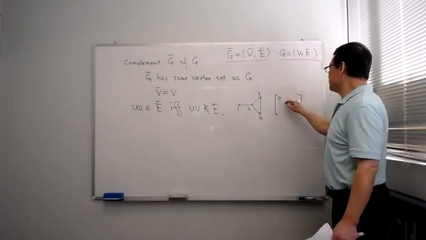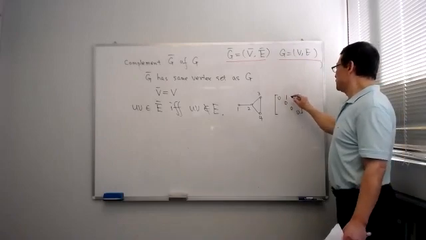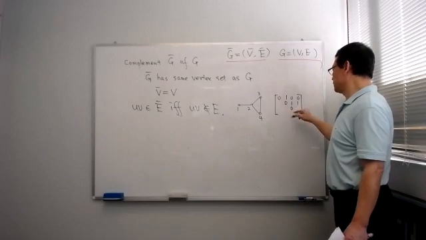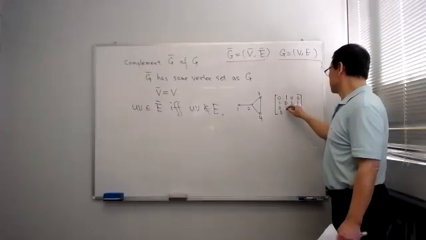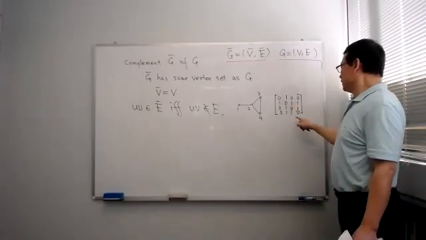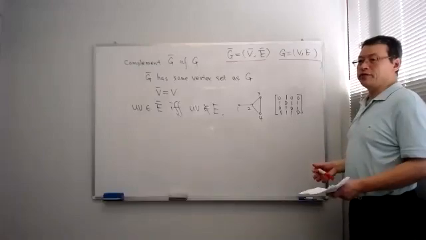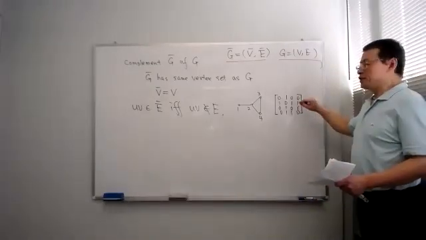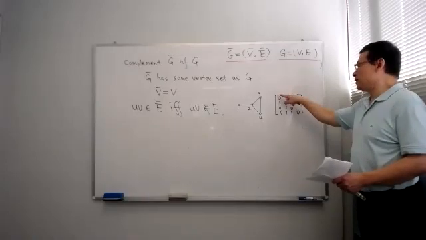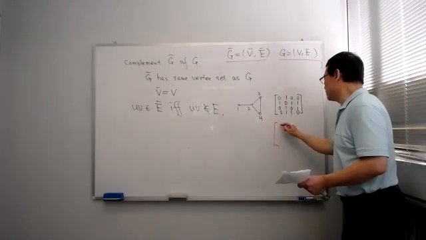The diagonal stays 0, because it's always a symmetric relation. Otherwise, just turn 1 to 0 and 0 to 1, except the diagonal.